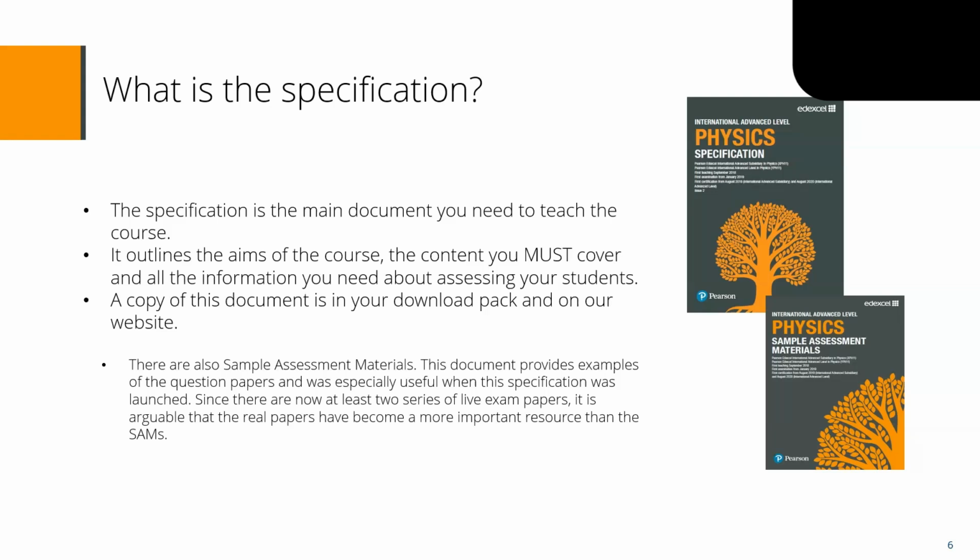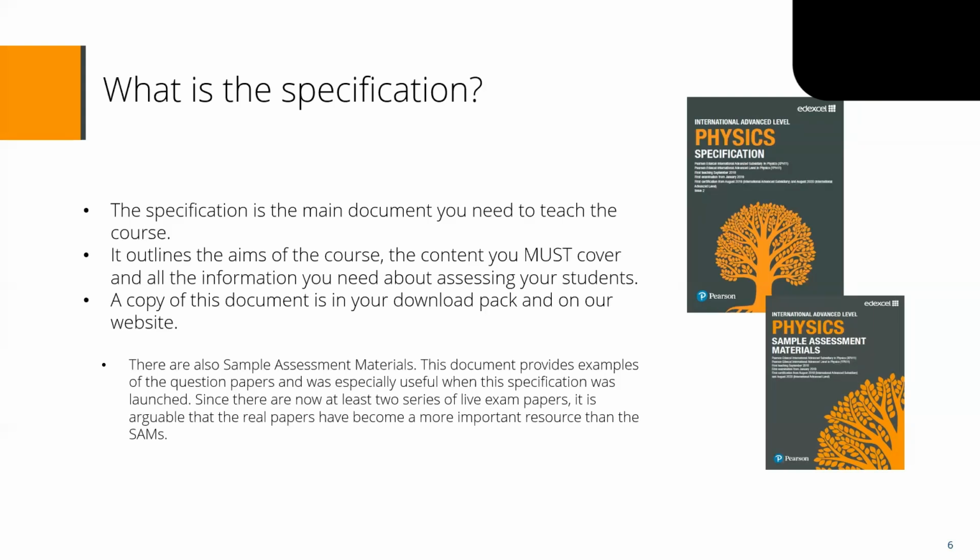The specification is the main document you need to teach the course. It outlines the aim of the course, the content you must cover, and all the information that you need about assessing your students. A copy of this document is in your download pack, which Phil mentioned a short while ago, and you can also download it freely from the website. There are also sample assessment materials.